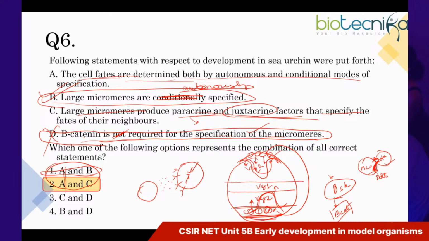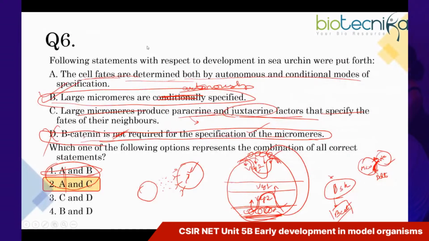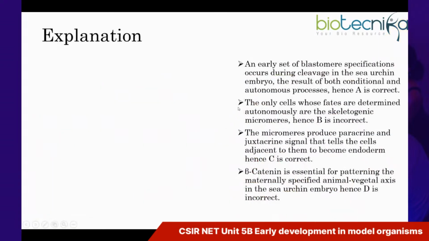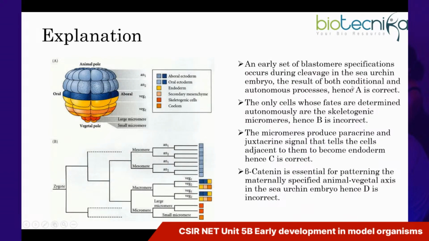So the correct answer is A and C. B is wrong, C is correct: paracrine and juxtacrine factors. An early set of blastomere specification occurs during cleavage in the sea urchin embryo, so the result is both conditional and autonomous.